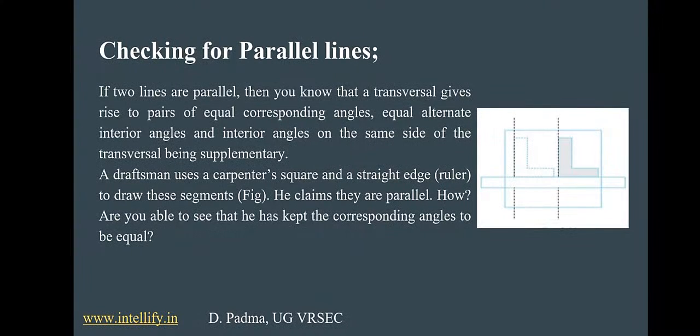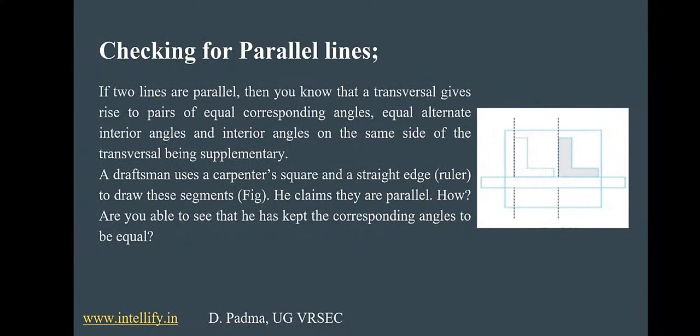We know that if two lines are parallel, then a transversal gives rise to pairs of equal corresponding angles, equal alternate interior angles, and interior angles on the same side of the transversal being supplementary.